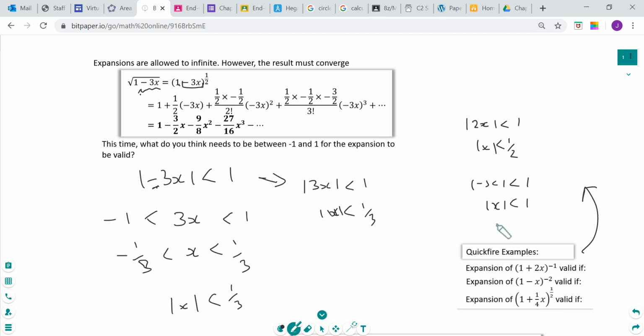And sometimes if we have something like a quarter x, the modulus of a quarter x is less than 1. Multiply both sides by 4, and you will get something like this, which is a common answer. So that's what you need to do.